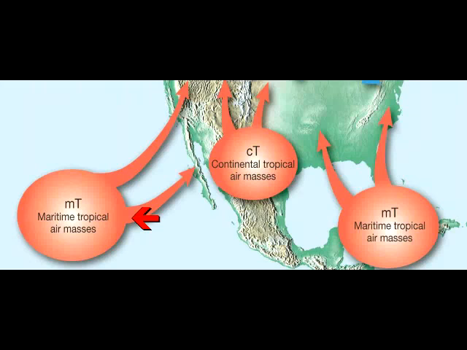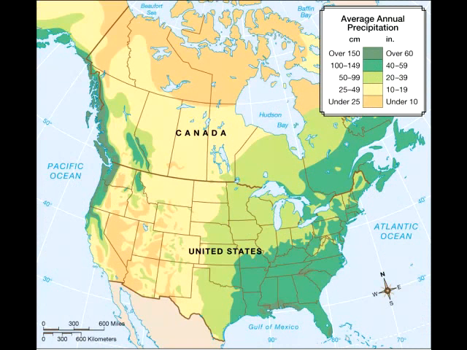They sometimes get the nickname Pineapple Express. MT air masses from the Gulf of Mexico or the Caribbean Sea are warm or hot, humid, and often unstable. They are the main source of precipitation for the eastern two-thirds of the United States.